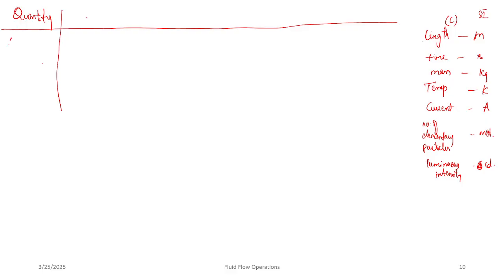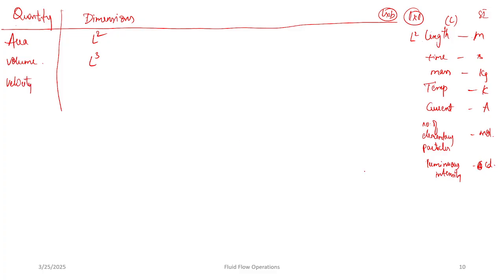So let's consider area. Area is length into breadth, or basically distance into distance, right? So we can express this as L square. And then we have volume. Volume is length into breadth into height for a cuboid. So it will be basically L cube. Then let's say velocity.